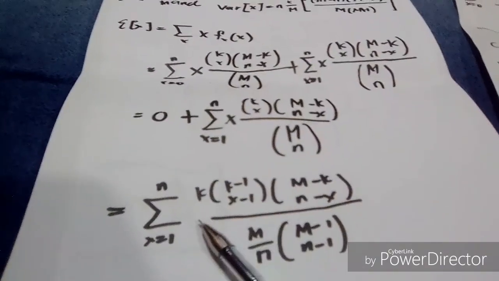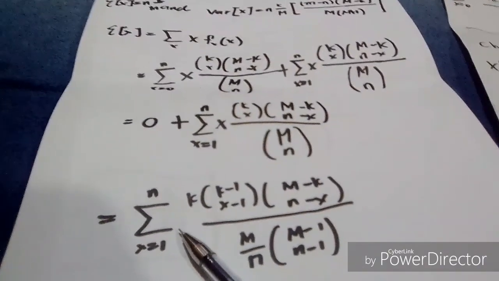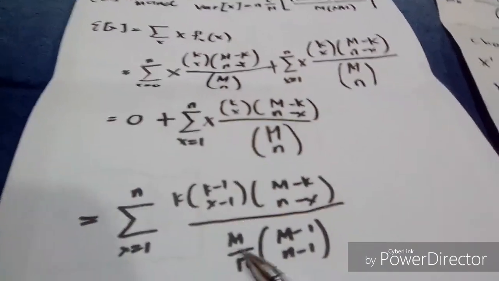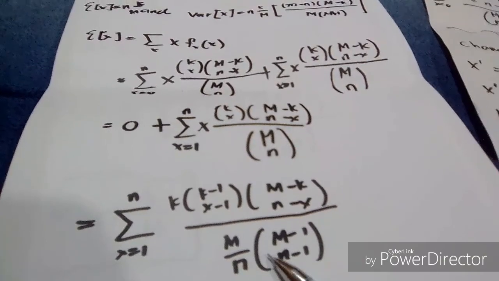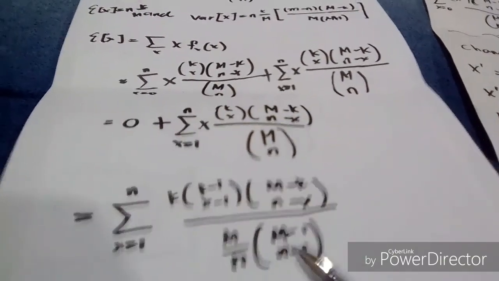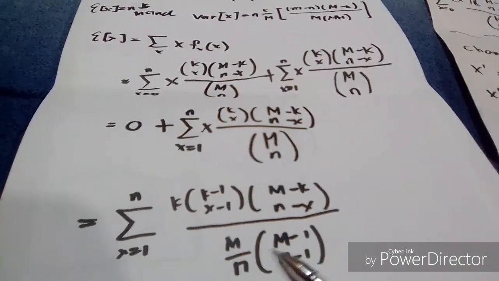By applying the identities, we can get this and this denominator.